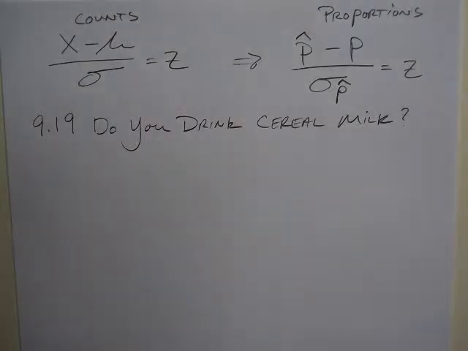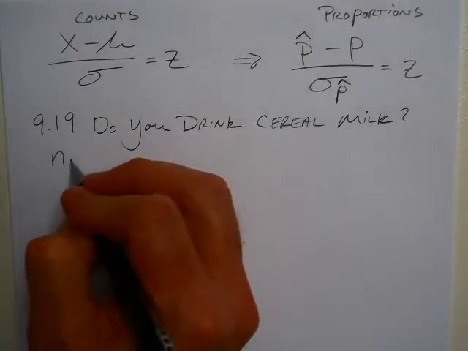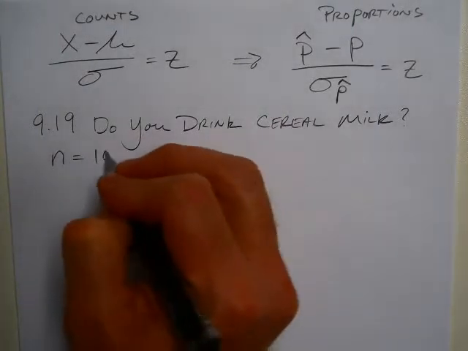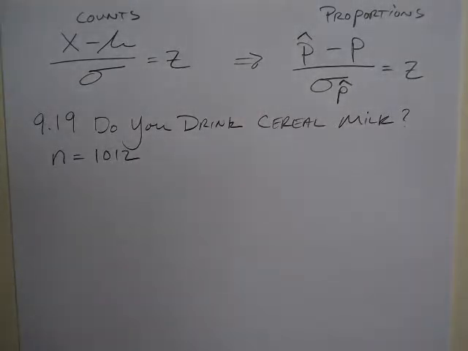Okay, so this problem says, a USA Today poll asked a random sample of 1,012 U.S. adults what they do with the milk in the bowl after they've eaten the cereal. So I'm going to make a note here. N equals 1,012. So we've got 1,012 adults.